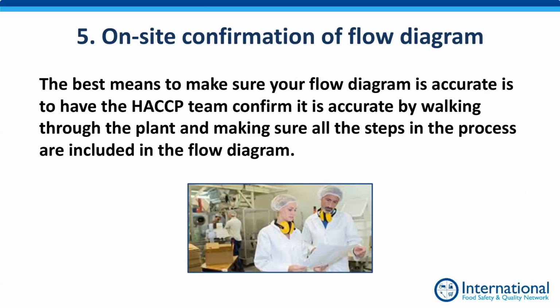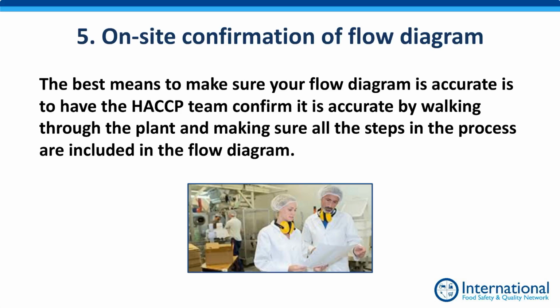The next step is the on-site confirmation of the flow diagram. The best means to make sure your flow diagram is accurate is to have the HACCP team confirm it is accurate by walking through the plant and making sure all the steps in the process are included in the flow diagram.